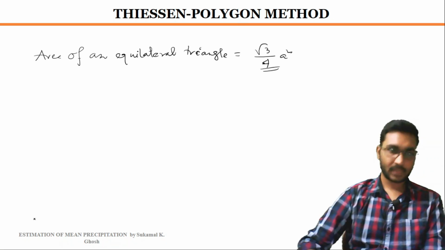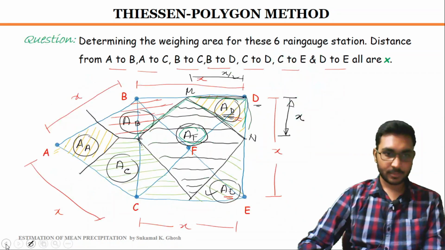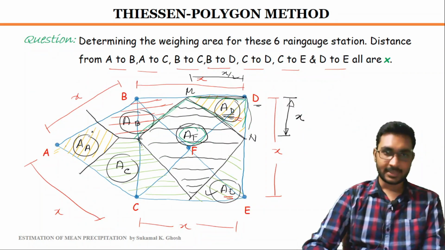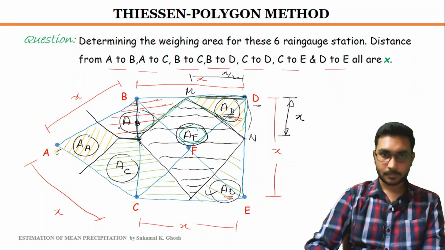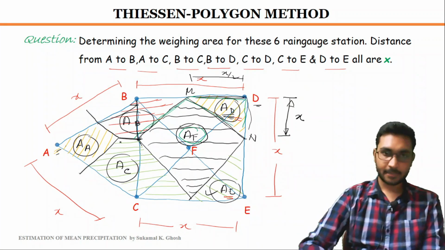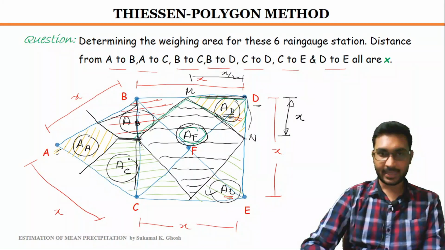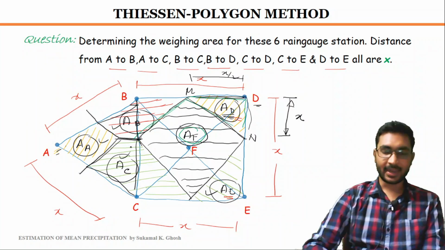Now if you consider this particular triangle, you may observe that this area, the weighted area for rain gauge station A, and this area, and this area are actually equal. These three areas are actually equal.